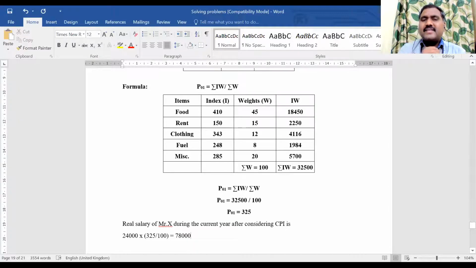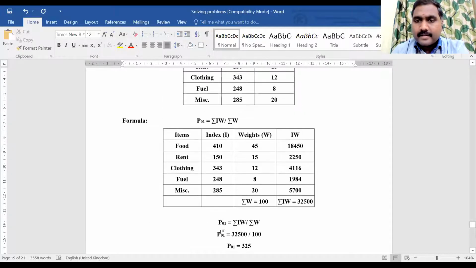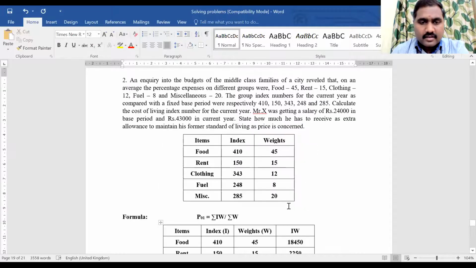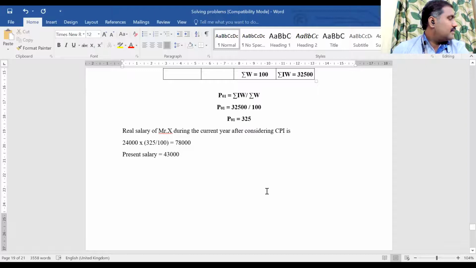But what is the present salary he is earning? The present salary is 43,000, right? Okay, so what is the extra allowance he has to get?